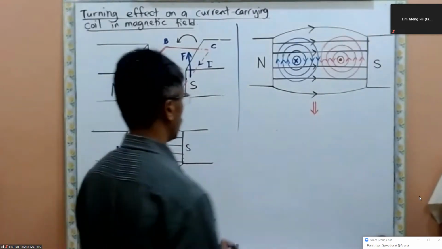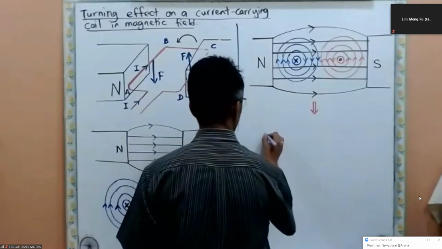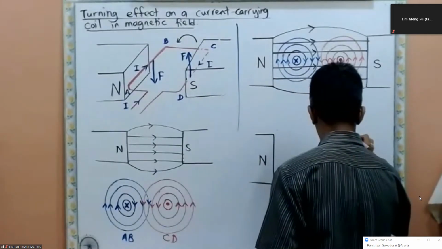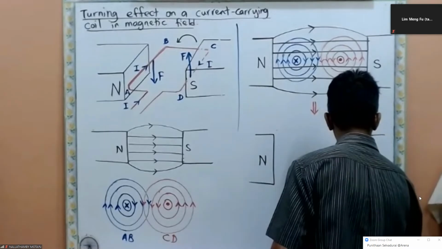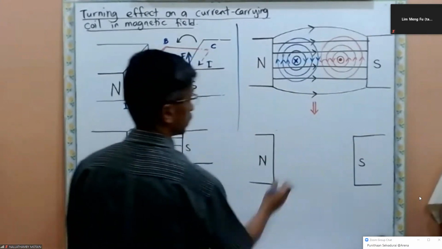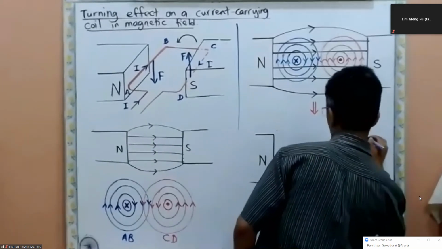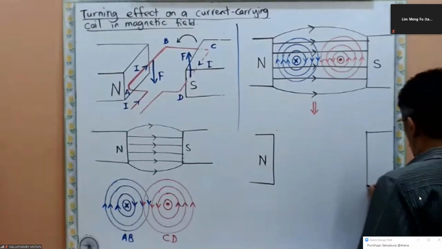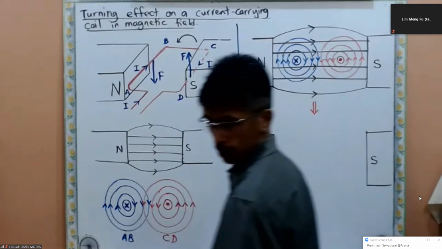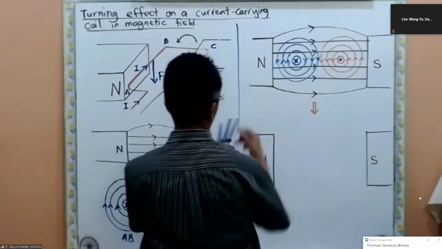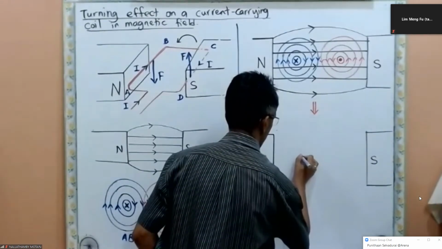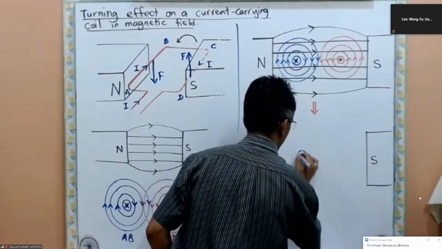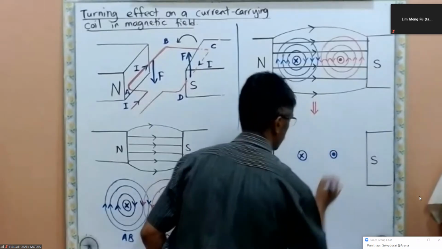So the resultant magnetic field will be like this. North, south, left hand side current is in, right hand side current is out, is a dot.